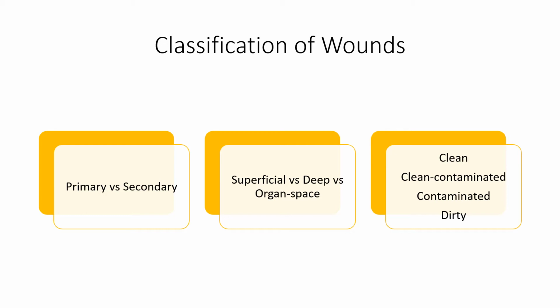Dirty wounds, however, is where there is existing infection or that there is traumatic wounds, devitalized tissue, pus that you can see, or that the viscera is perforated. Essentially, there is a source of infection identified already. For contaminated and dirty wounds, prophylactic antibiotic is needed, but it is also continued to treat the ongoing infection after surgery.